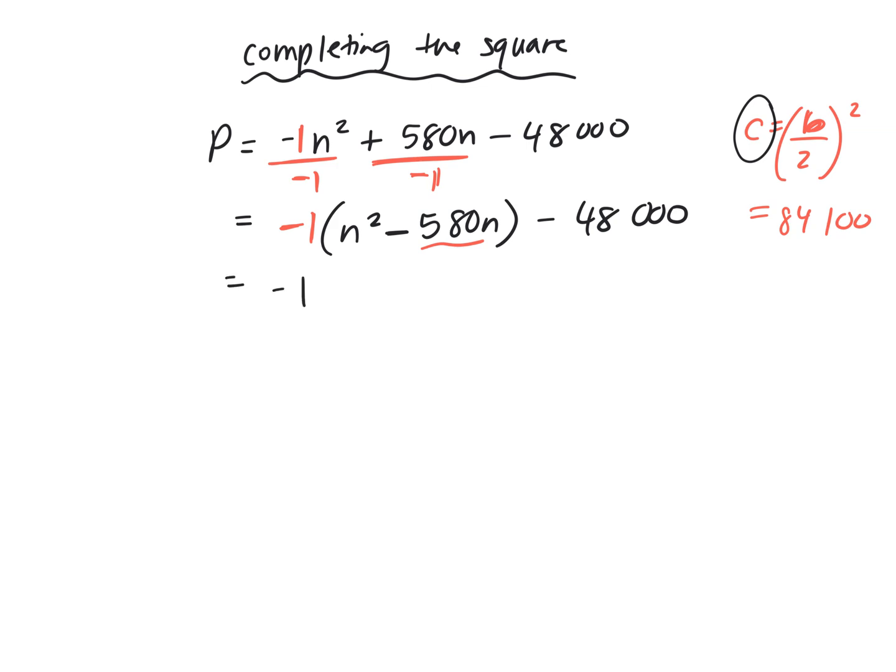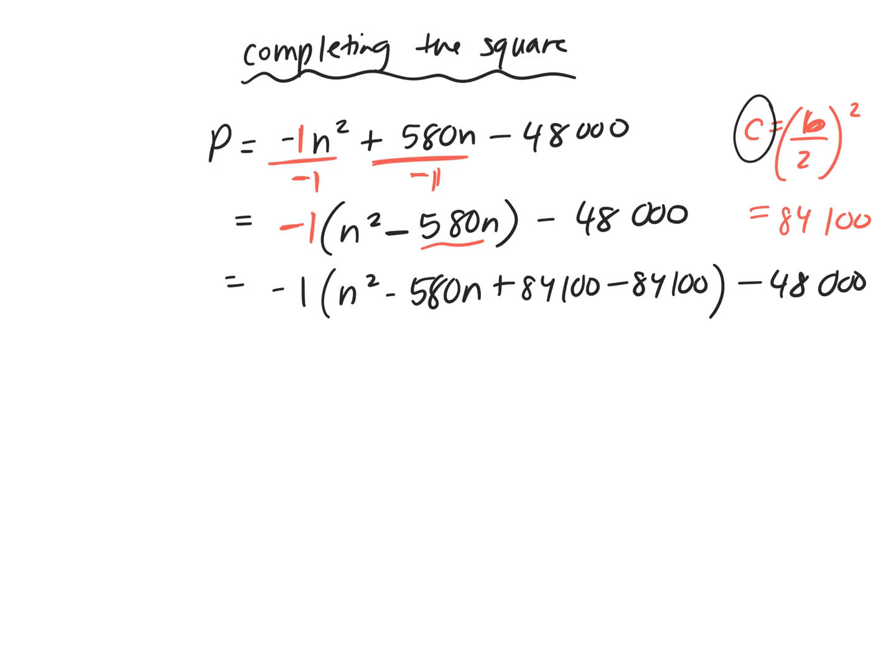So this would be written as negative 1n squared minus 580n plus 84,100 minus 84,100 minus 48,000. If I want to take this outside of the bracket, we have to distribute the negative 1. Some of you forgot this step when you're completing the square.